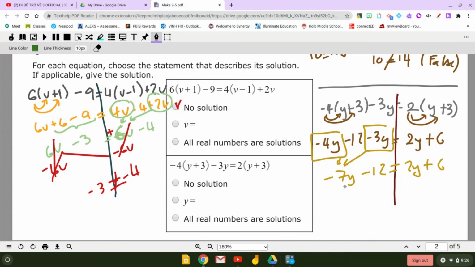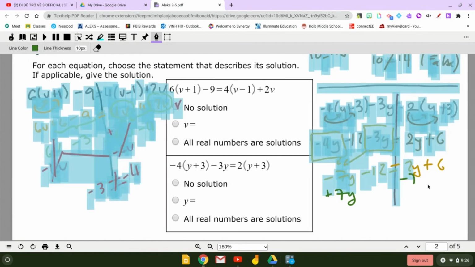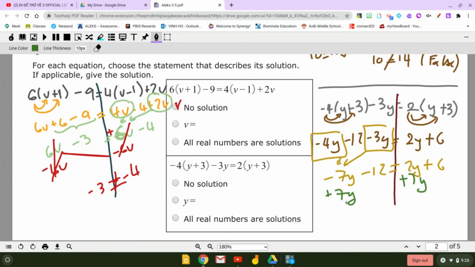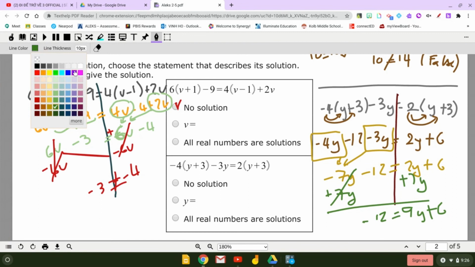All right, so -7y. So we're going to move one of them to the other side. What I can do is add 7y on both sides. So that cancels that. -12 equal to 9y plus 6. Then we move the constant to the other side.